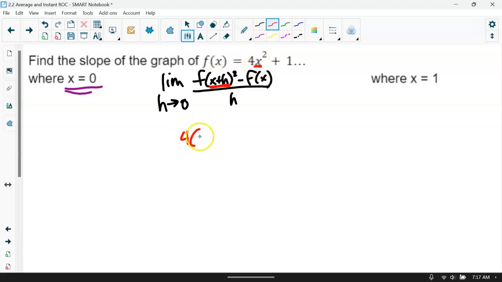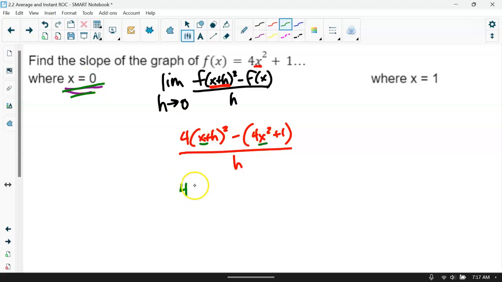So this is 4 times x plus h squared minus, again, our function, which is 4x squared plus 1 over h. So now, let's go ahead and you can also substitute now x with 0. So here I've got 4 times 0 plus h, which is just h squared. Minus 4 times 0 squared is just 0, plus 1 is 1, over h.